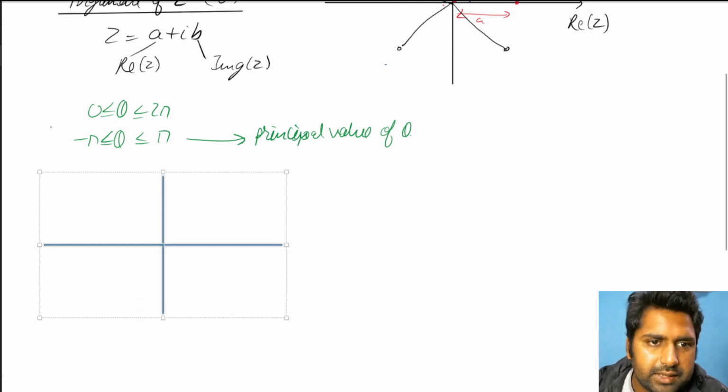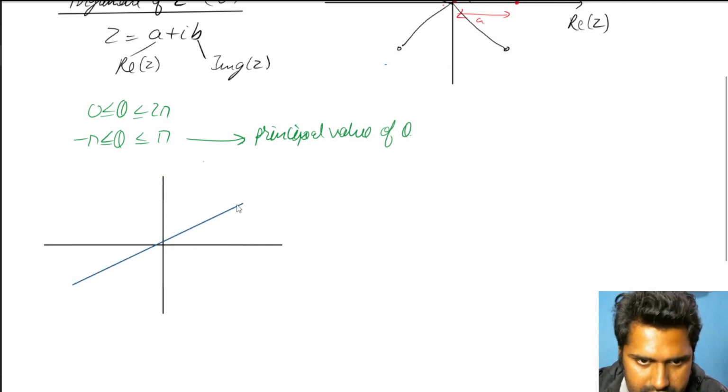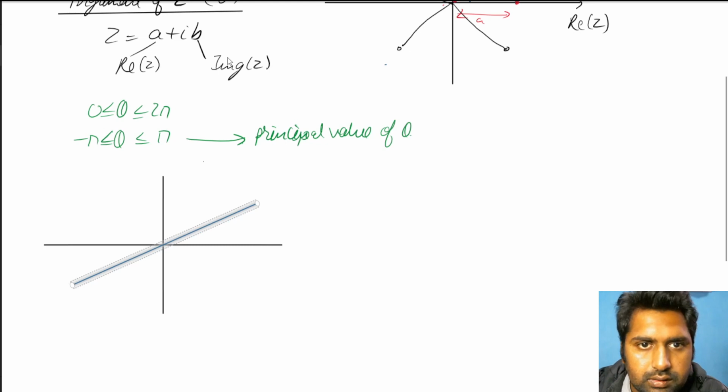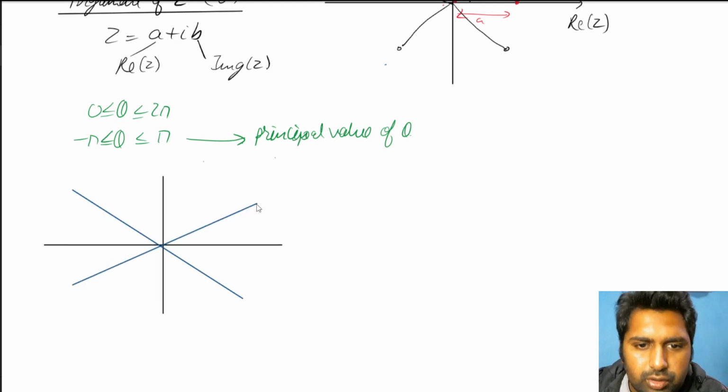If suppose the complex number is in the first quadrant, then your theta will be equal to alpha.